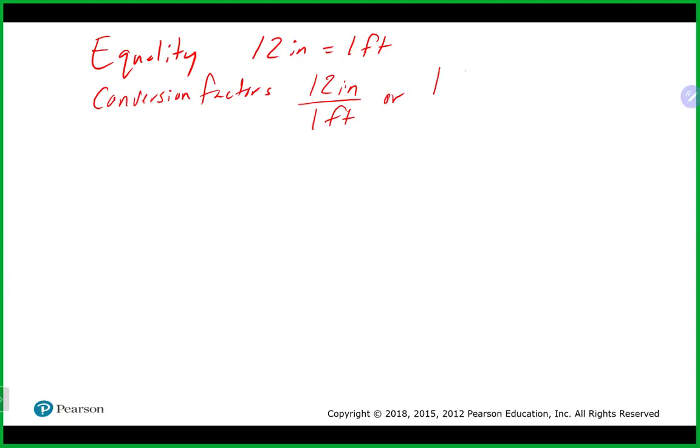Or we could have a conversion factor with 1 foot on top and 12 inches on the bottom. These are two conversion factors you could use in a problem. You should probably never use both of them together, otherwise they undo each other. So you should only choose the one that you need to use.